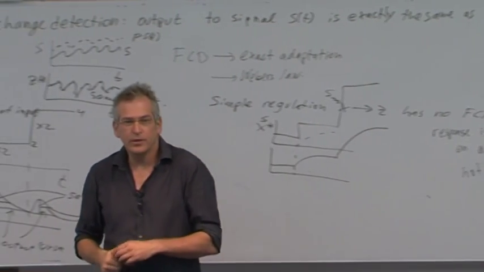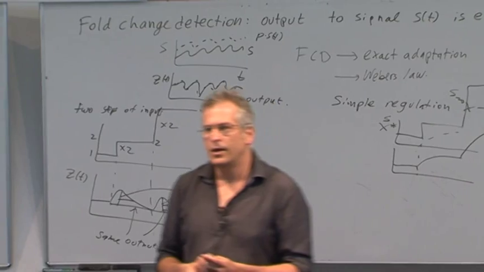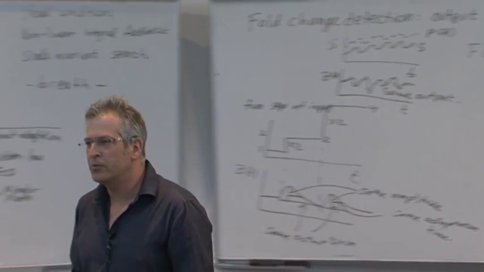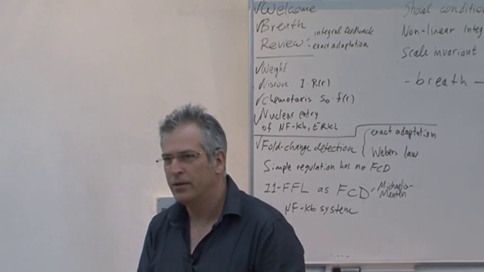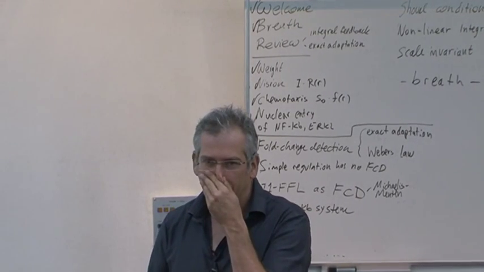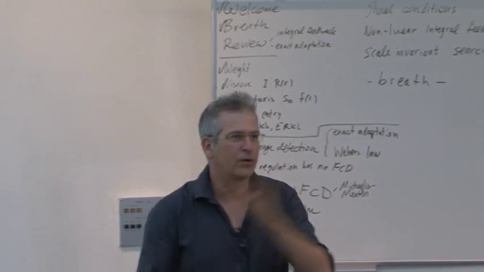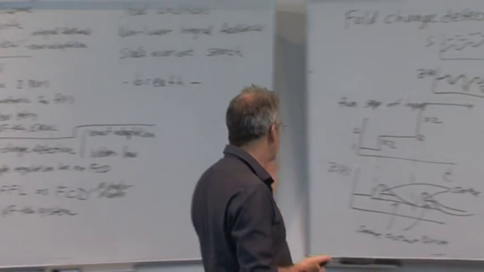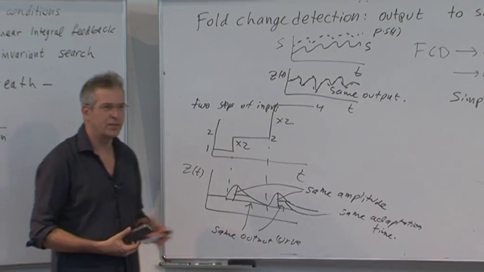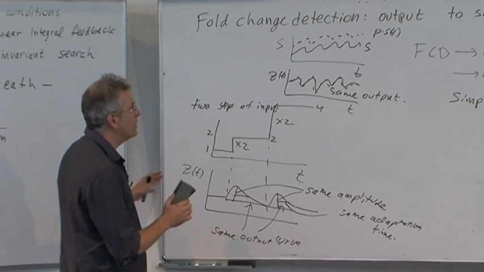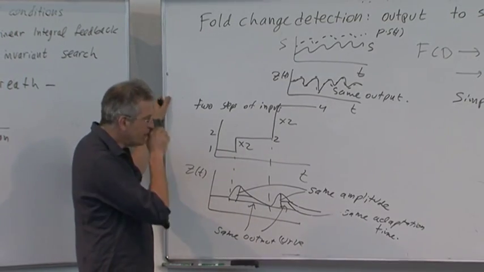So simple regulation doesn't have fold change detection. None of the network motifs we talked about has fold change detection, except for one. So you can rule out basically the vast majority of the circuits that occur in biology or that don't occur in biology, but only one can. I'm going to tell you about it.